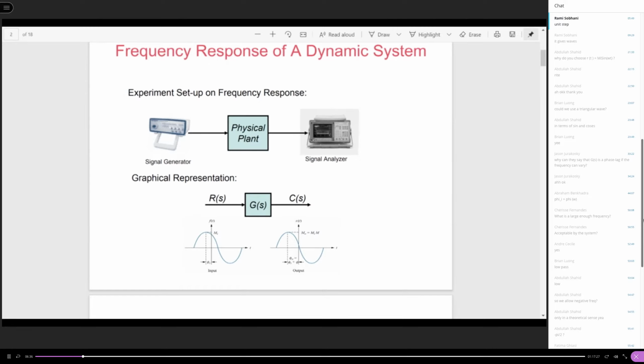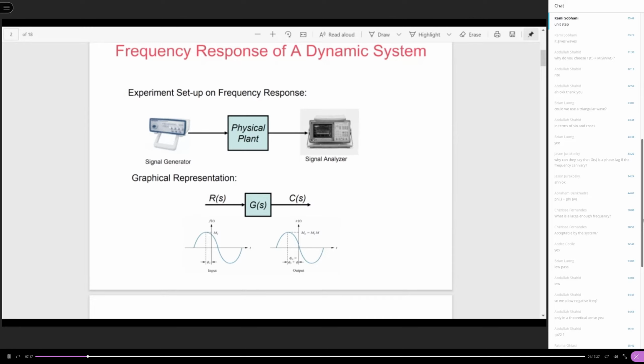But the unit ramp and unit acceleration are closely related to the unit step. If you take the integral of the unit step signal, that is a unit ramp signal. So you can analyze the response to a unit ramp signal from the analysis of the unit step response. You're not doing something really new if you use a different testing signal of unit step, unit ramp, or unit acceleration.